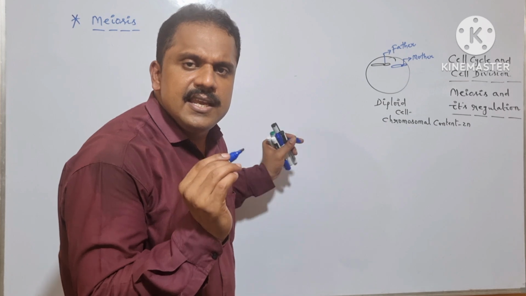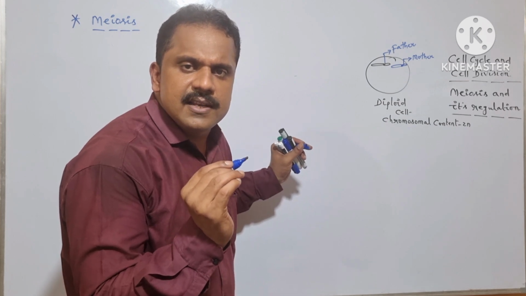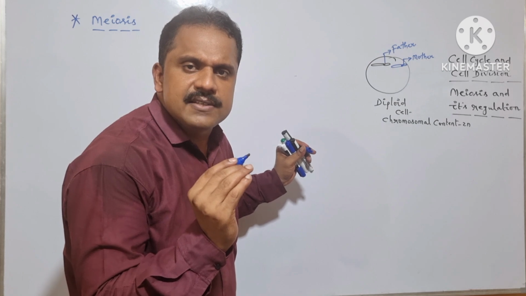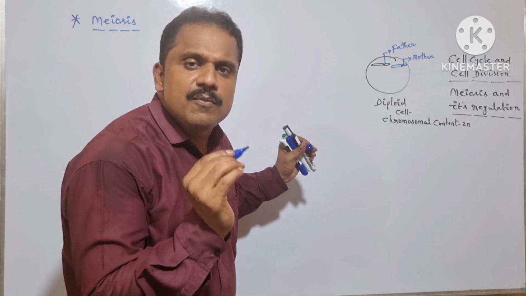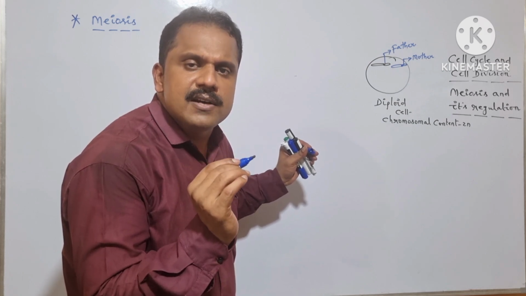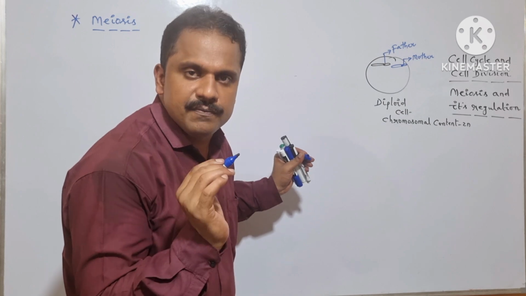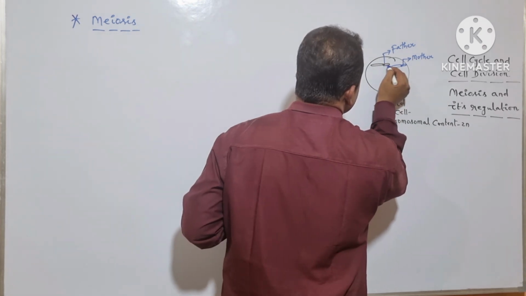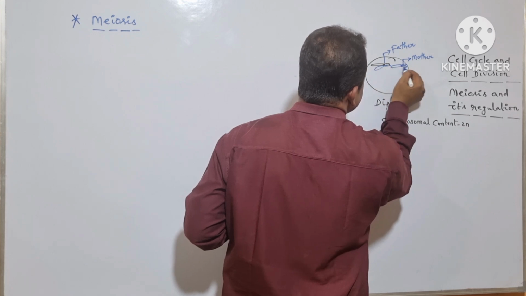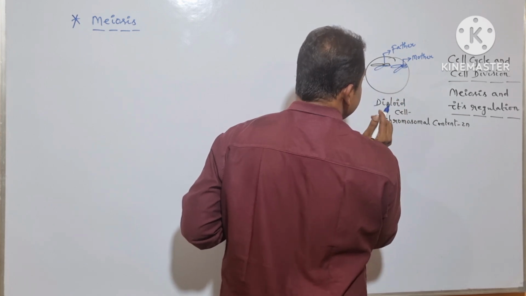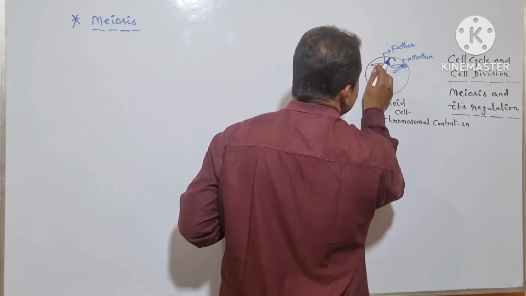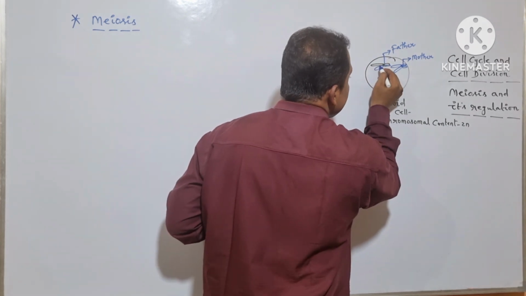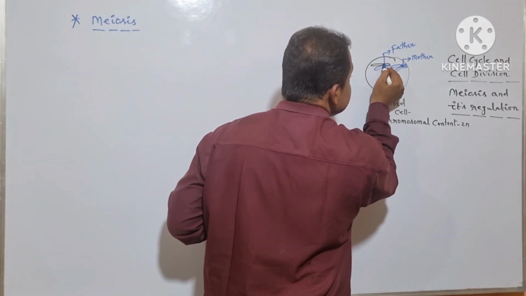Initially the diploid cell has 46 chromosomes, but during the S phase of the cell cycle the chromosomal number in the diploid cell becomes 92. Is it clear? Though the chromosomal number has become double during the S phase, we cannot consider them as individual chromosomes, because both chromosomes are in association with one single centromere.